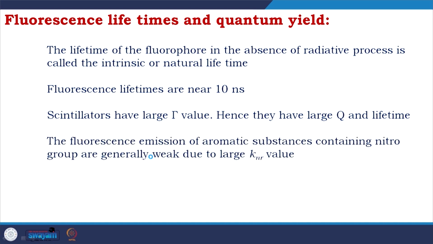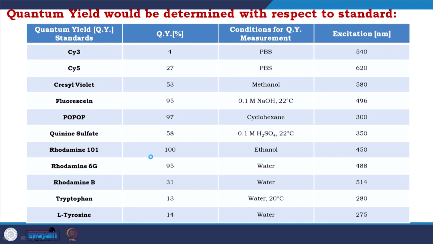The fluorescence emission of aromatic substances containing nitro groups is generally weak due to their large KNR value. Tau n equals 1 by tau, so it is inversely proportional. Quantum yield has to be determined with respect to some standard.